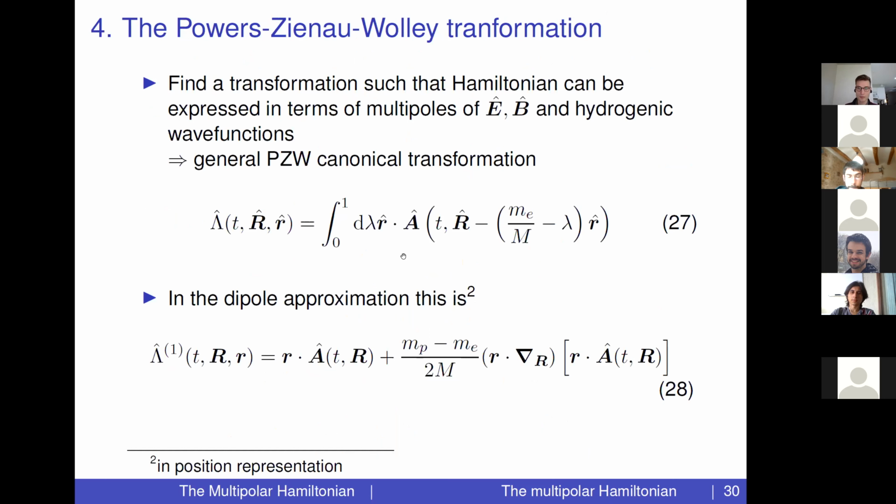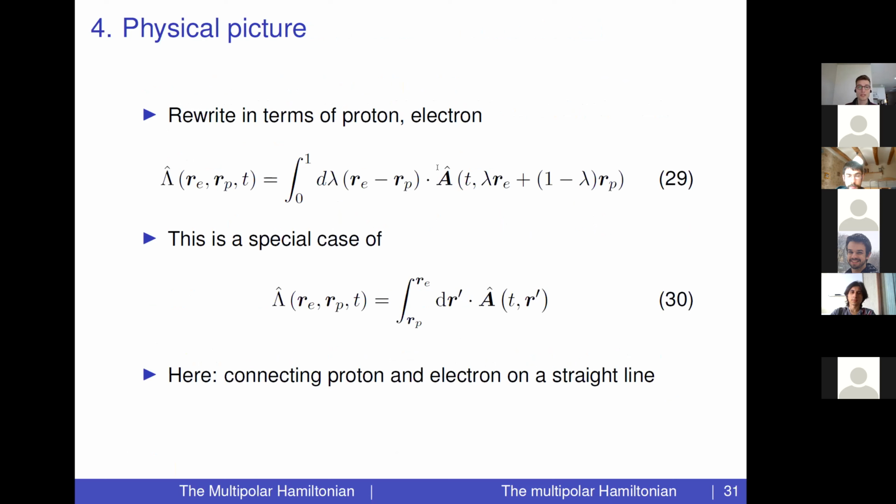We can now approximate it since we're just considering the dipole approximation. Of course, it's possible to do this full canonical transformation on the full multipolar Hamiltonian without doing the expansion in the field. And after this transformation, we do an expansion of the field. This is equivalent.